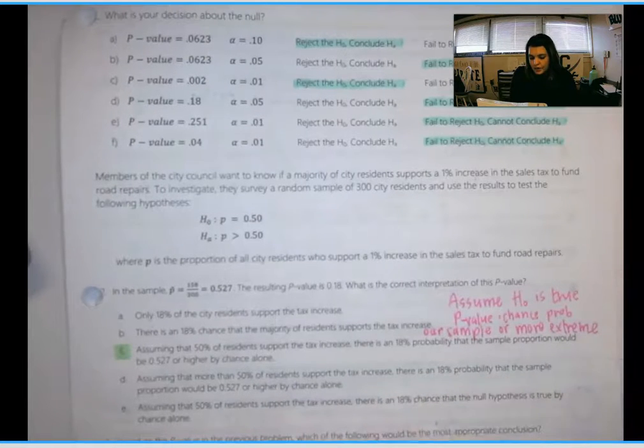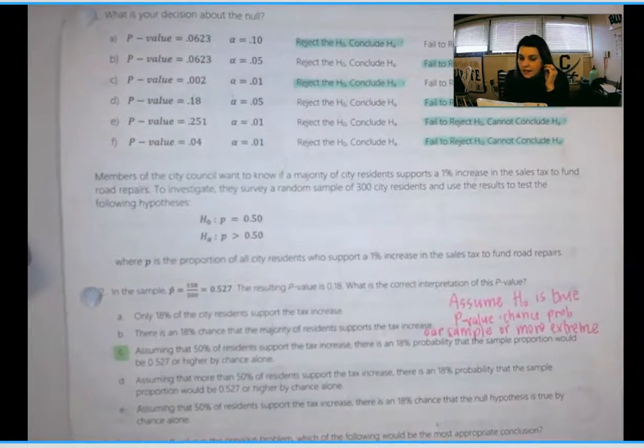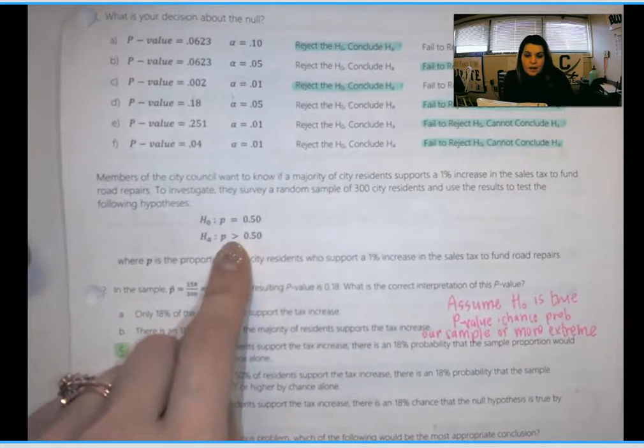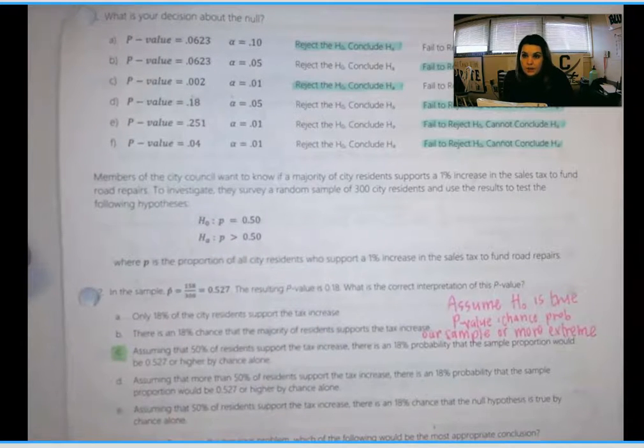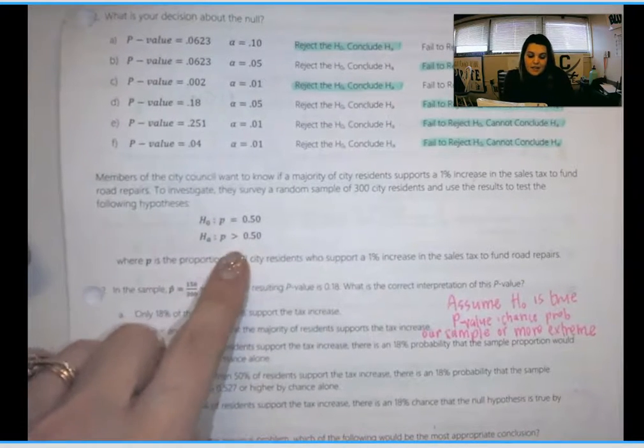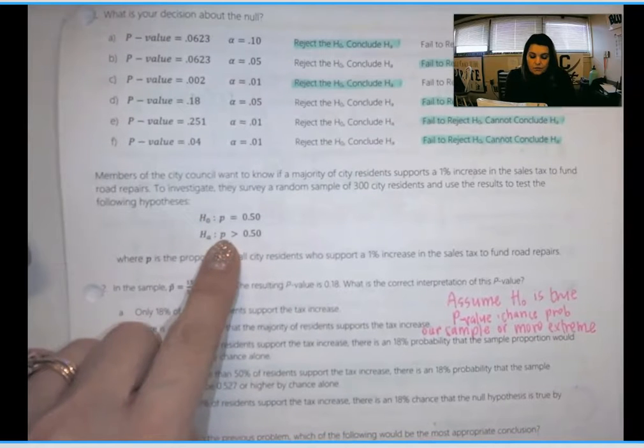And it's the more extreme that I think can sometimes be confusing, but notice when we do a hypothesis test, what we're testing is if the alternative is true, and the alternative is an inequality.